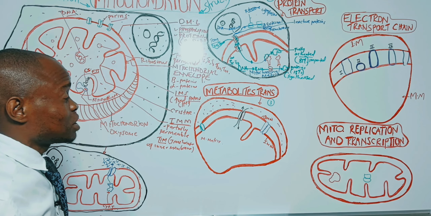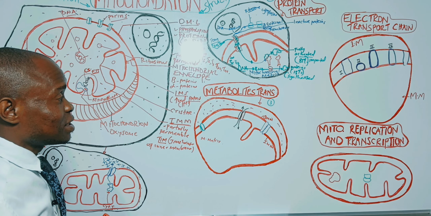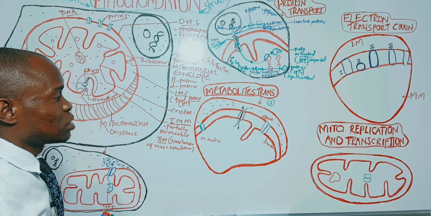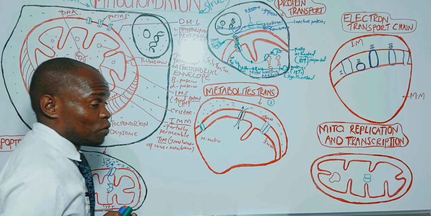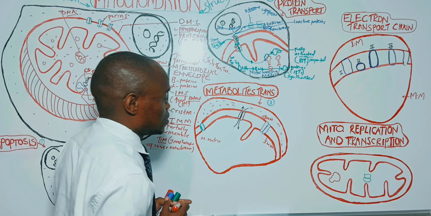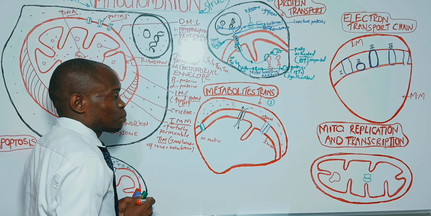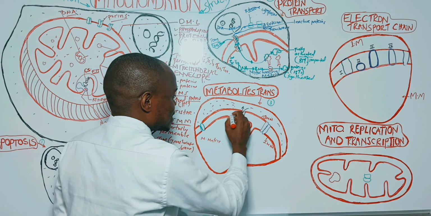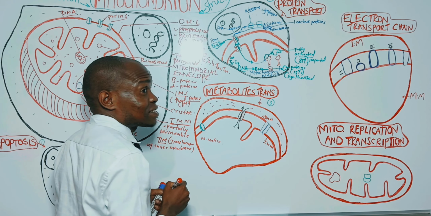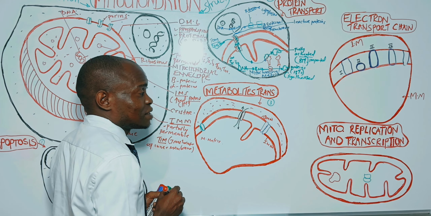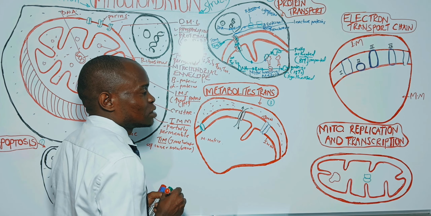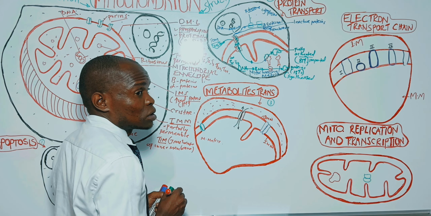We know that during glycolysis we form pyruvate. This pyruvate, before it goes into the mitochondria, is first decarboxylated to form acetyl coenzyme A.